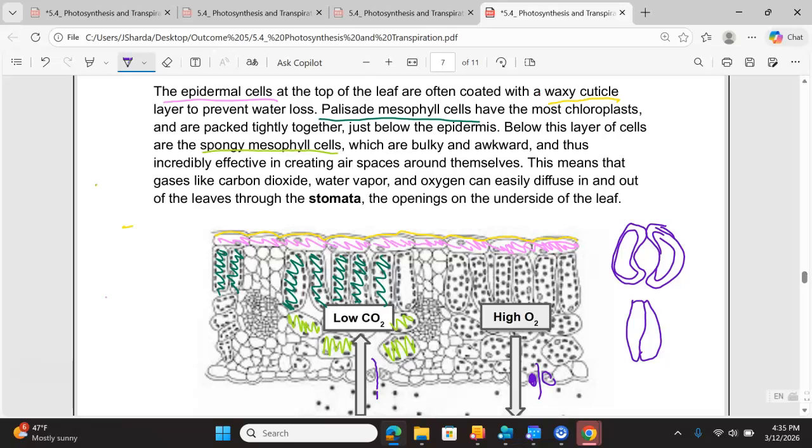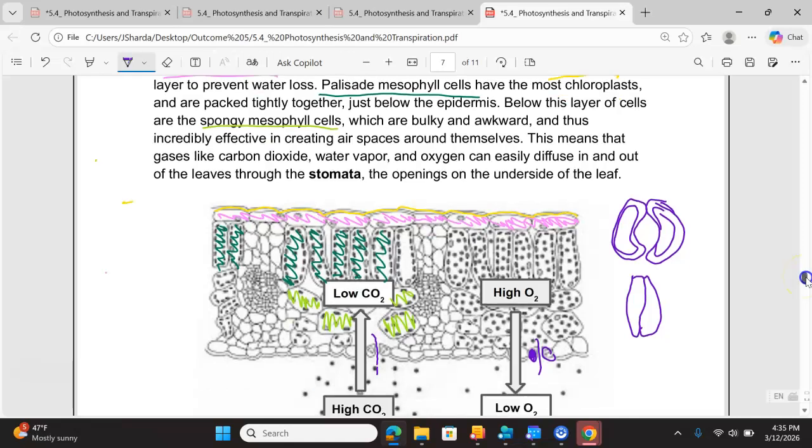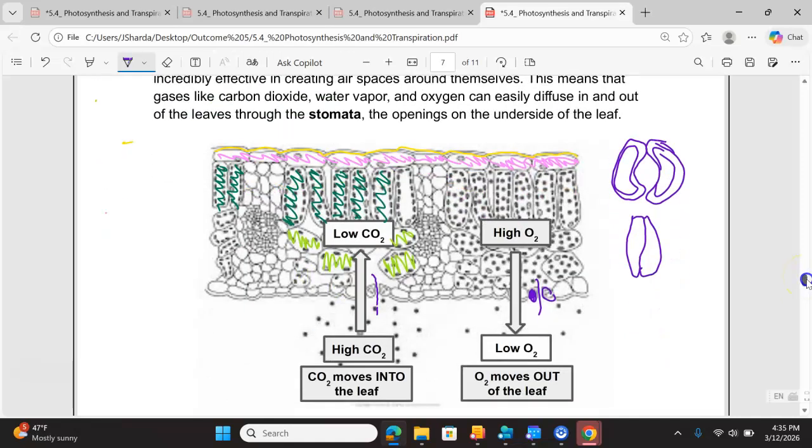Okay, and when these two inflate, like so, this creates that space, and any gases that were trapped in this airspace in the leaf are able to move out of the leaf, or come in. So this is going to depend on the concentrations on either side of the leaf epidermis on the bottom here.